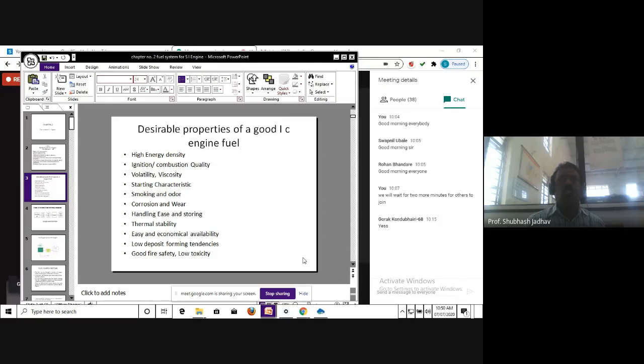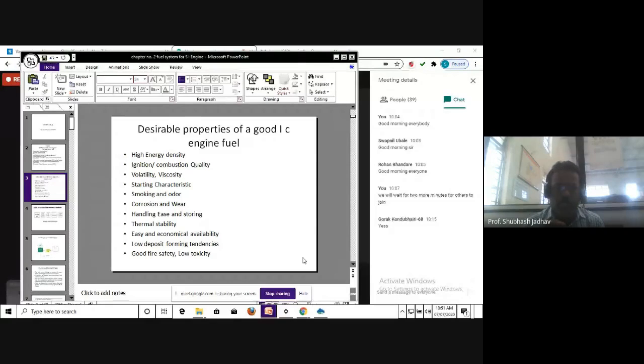So its volatility characteristics, how it is going to be volatile. For example, if I put some small amount of petrol in one jar and nearby the same amount of diesel in another jar, we know that after some time the quantity of the petrol in the jar is going to become less and the diesel will almost remain the same.